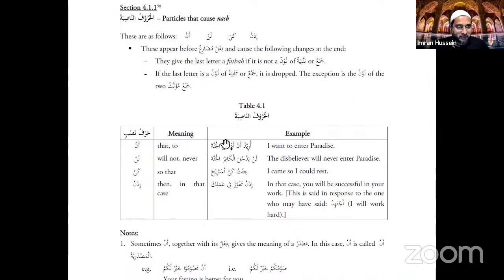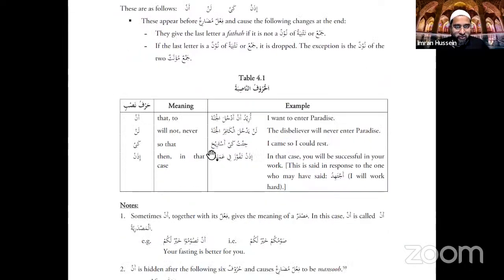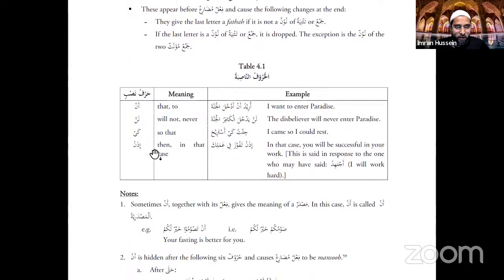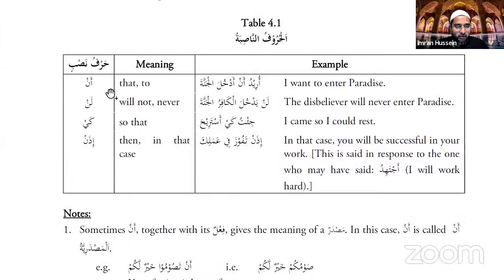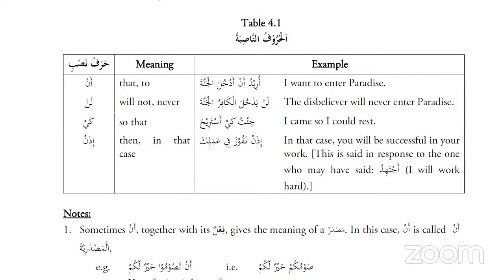Doctor, can you come on the mic, please? Go through these meanings and the examples. An, that or to, and read the examples, please. Bismillah. Huruf al-nasb: an means that or to, lan means will not or never, kay means so that, idhan means then, in that case.